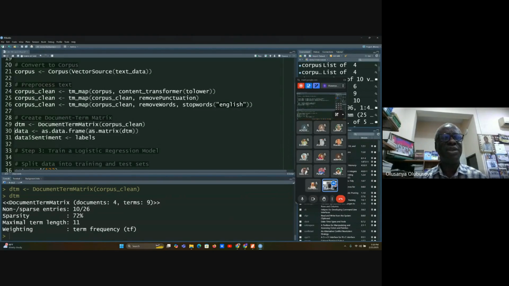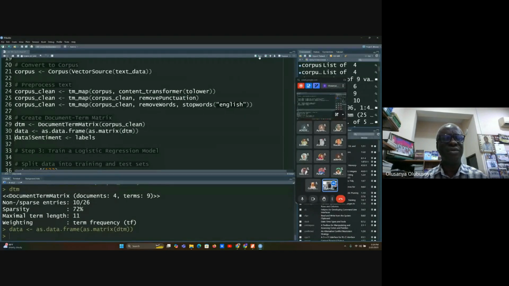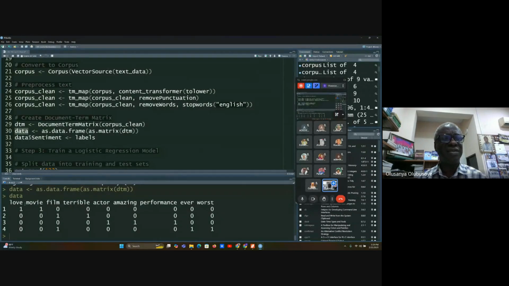First of all, maybe as a matrix, and then convert it to a data frame. So you have that, and then you can see the data now. This is the data. These are the 9 terms.